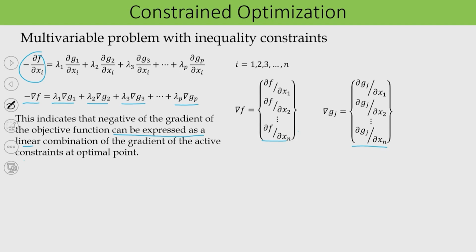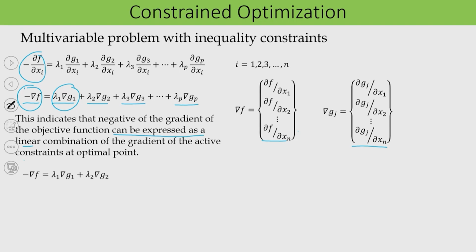So, the negative of the gradient of the objective function is nothing but the linear combination of the gradients of the constraint functions.